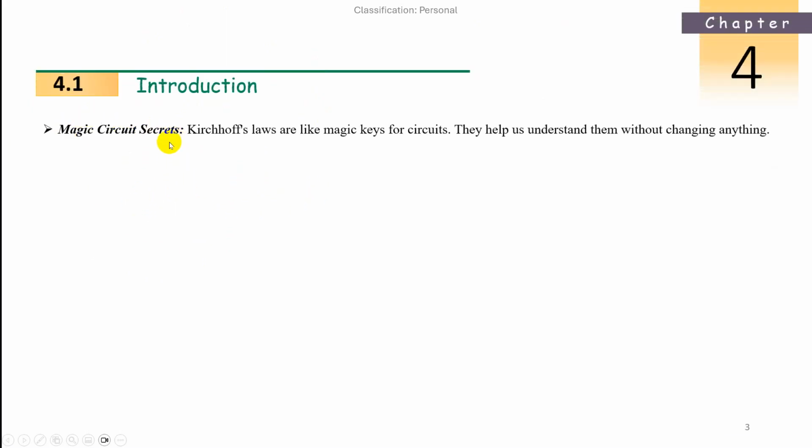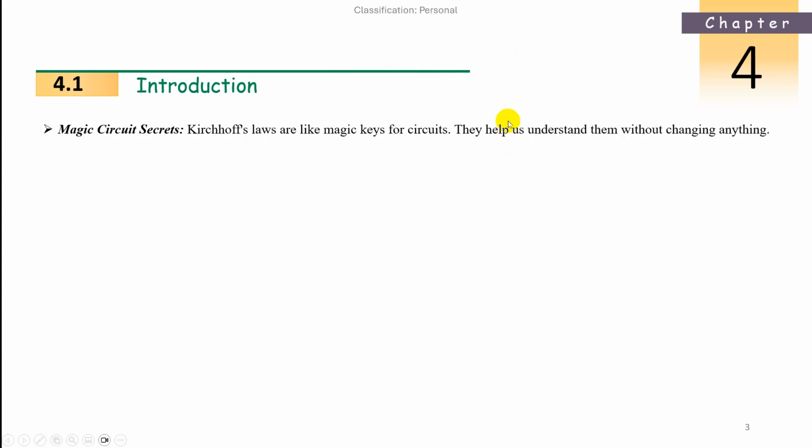Magic circuit secrets: some secrets we already studied, which we have to recall. Kirchhoff's laws are like magic keys for circuits. We have two Kirchhoff's laws: Kirchhoff's voltage law and Kirchhoff's current law. Why are they called magic keys?